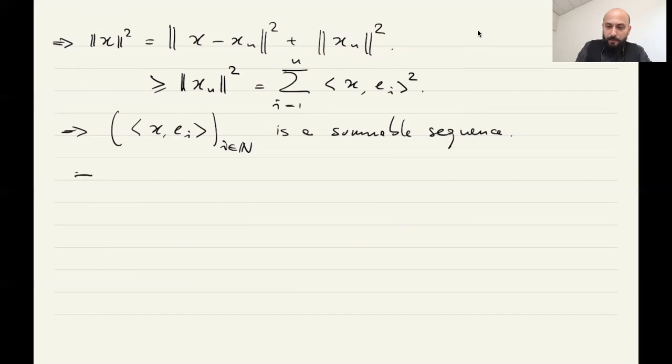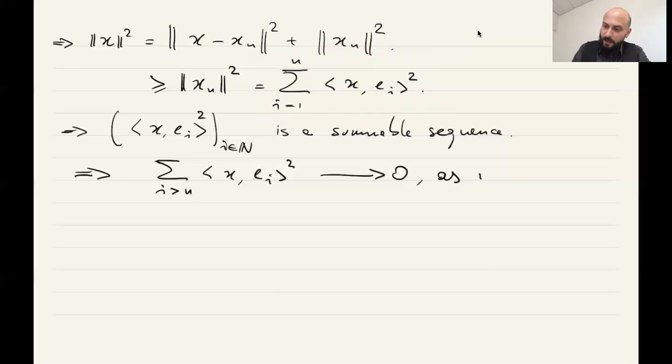Being summable, if we sum the tail of this sequence, sorry, I forgot a square here, so if we sum the squares, the tail of the sequence goes to 0 as n goes to infinity.